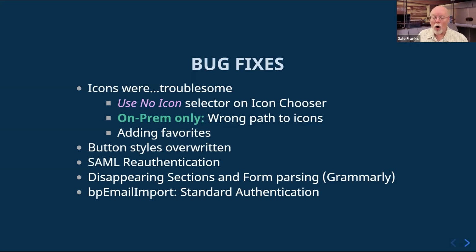Along with the new version of Process Director, the .313 patch, we also issued a new version of the utilities. If you are running the most recent version of the utilities that was released a couple of months ago, you're going to want to replace that with the new version of BP import, BP email import, and BP util.